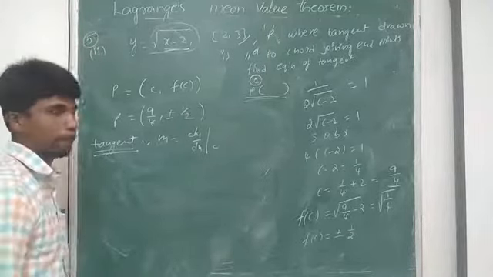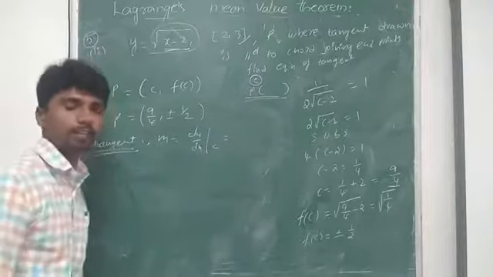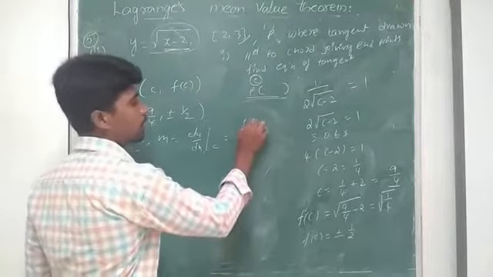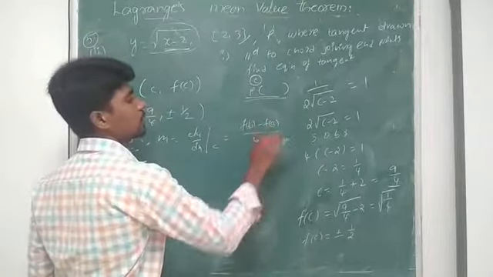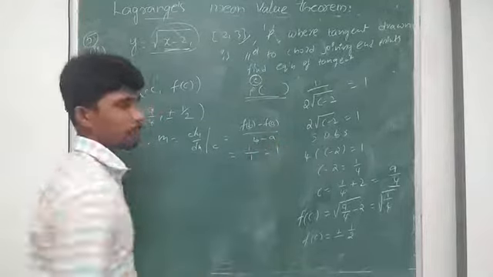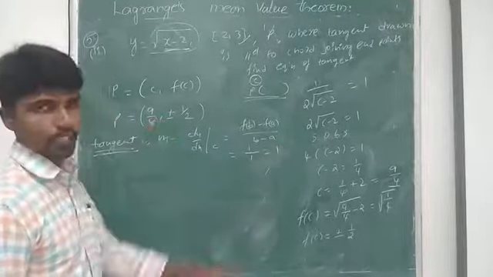What is f dash of c? f of b minus f of a by b minus a, which is equal to 1 by 1, 1. We have a slope 1 and we got a point.